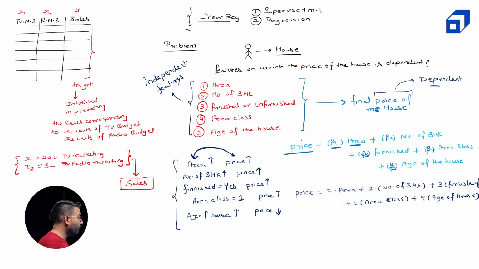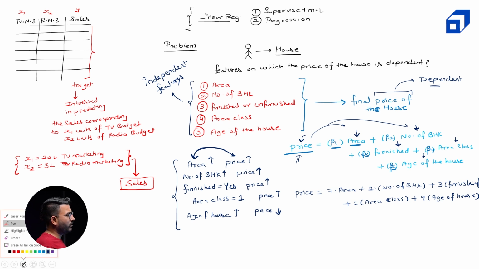So in order to calculate the price of the house, we need to figure out the area of the house, the number of BHK, the furnishing status, the area class, the age of the house. When we have all these inputs, I can find out the price. And since my price is dependent on all these features, we call these features independent and this feature dependent.